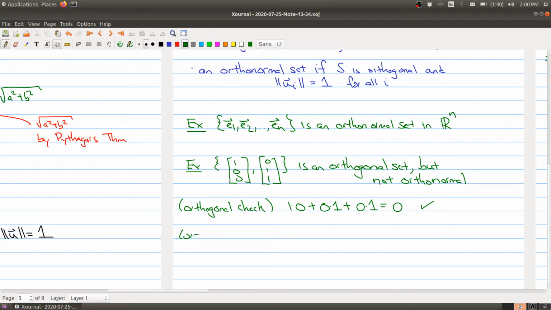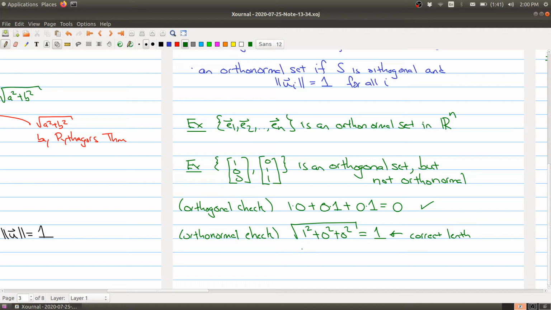Let's check the orthonormal part. We need to compute the norm of each vector. For the first vector, you take 1 squared plus 0 squared plus 0 squared, you take all the coordinates, square them, and then take the square root, and we get 1. So this is the correct length. It has norm 1; it's a unit vector.